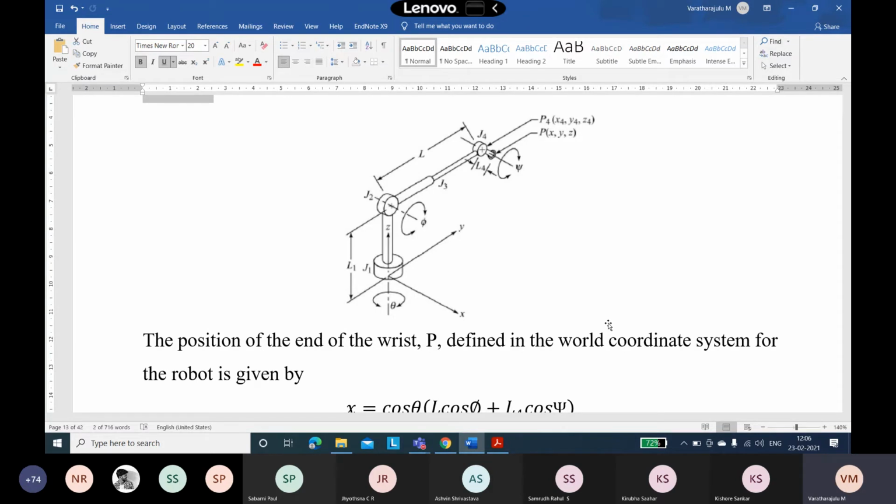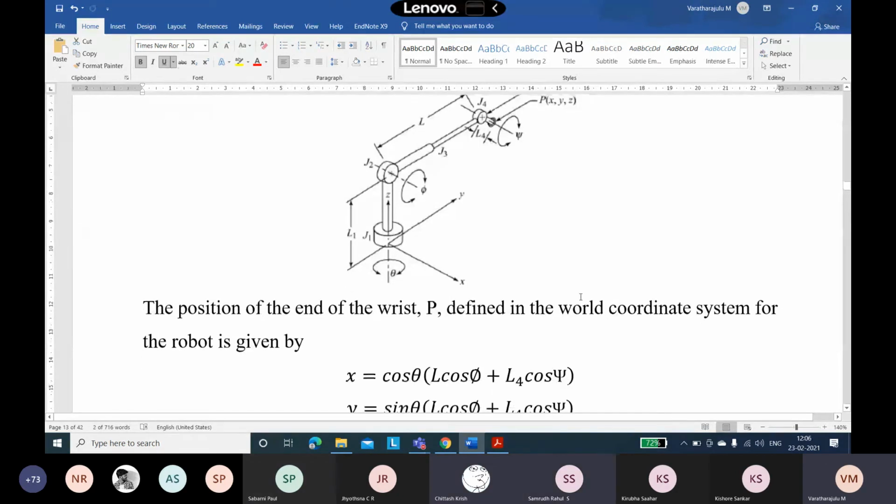Shall I move, dear gentlemen? Yes, sir. Yes. To the formulas below.